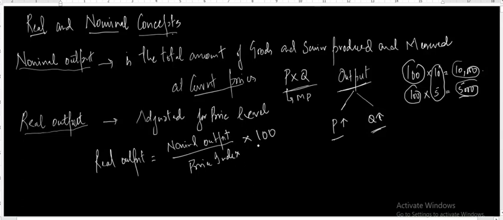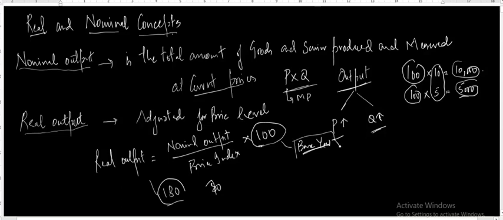Now you may be wondering what this 100 is doing here. This 100 is just used as a representation of the base year. For example, if the real output is 180, we say there is an 80% increase in the output. If it is 70, we say there is a 30% decrease in the output. So this 100 is just used to represent the base year.